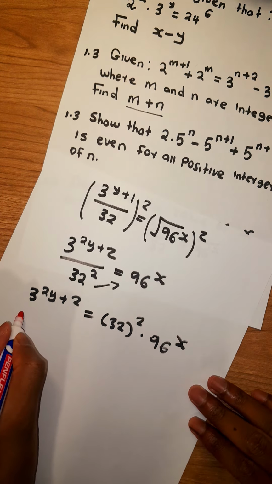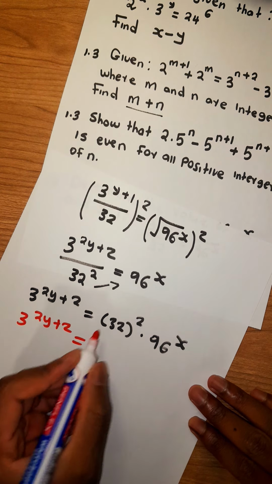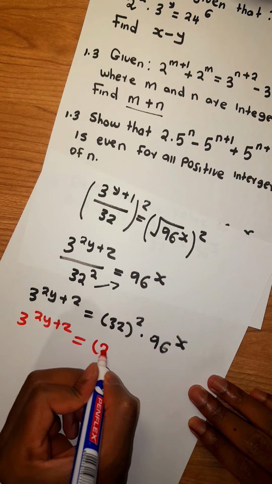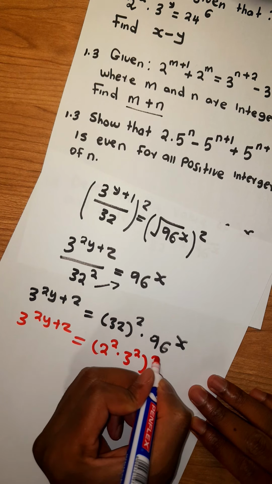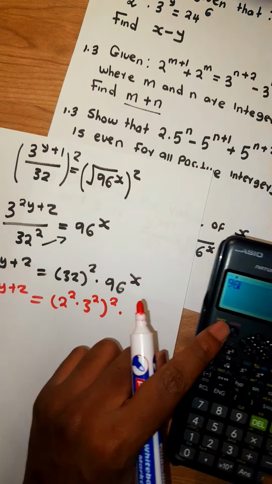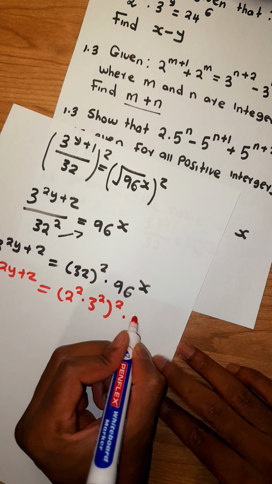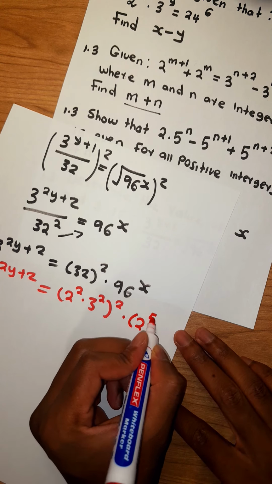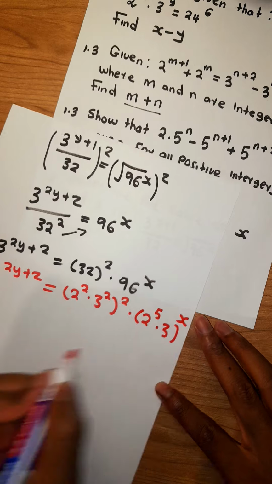So I'm having 3 to the power 2y plus 2 equals, let's change 32. It is going to be 2 to the power 2 times 3 squared, and then you square this. Let's actually look at 96. So 96, shift fact, is going to be 2 to the power 5 times 3, and this is going to be to the power x.